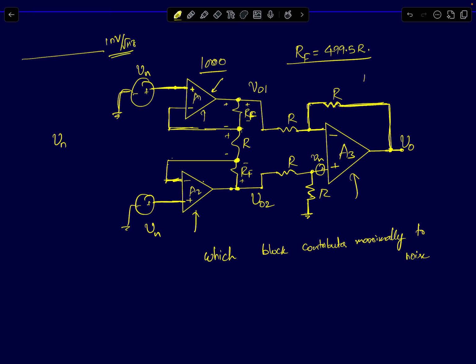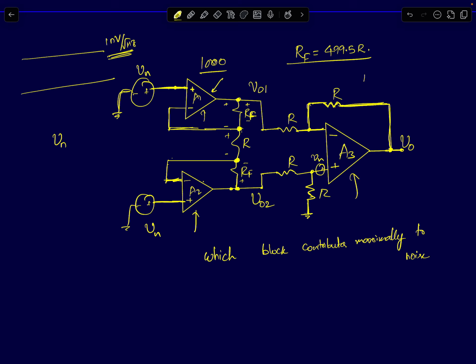So you designed the op-amp, measured its input referred noise voltage, and the thermal noise floor turns out to be 1 nanovolt per root hertz. You are supposed to find out for the entire differential instrumentation amplifier what the input referred noise is due to these 3 op-amps, and then we have to see which one contributes the most.